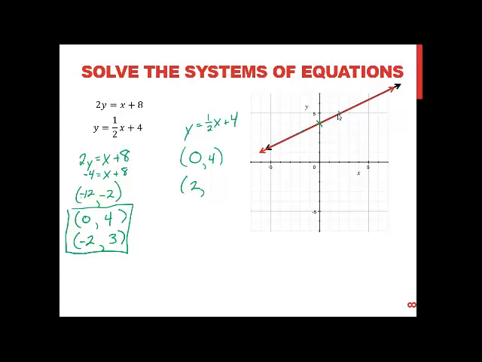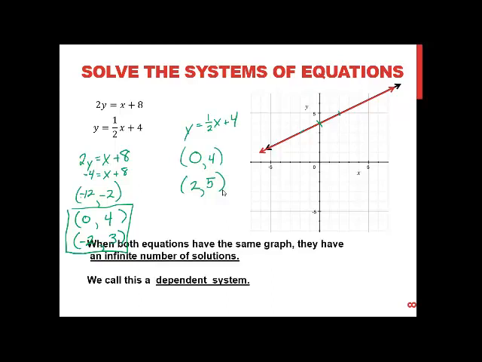Notice every point that's on either line is a solution to both. In other words, these two equations are two ways of expressing the same relationship. Whenever both equations have the same graph, then they have an infinite number of solutions. We call this a dependent system.